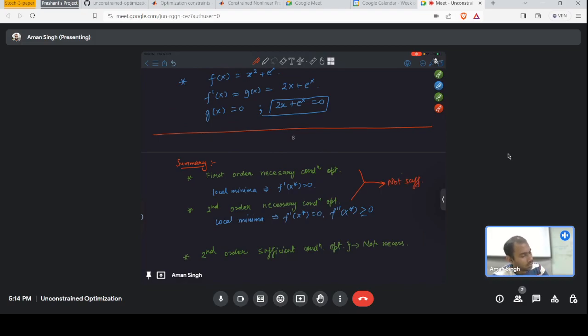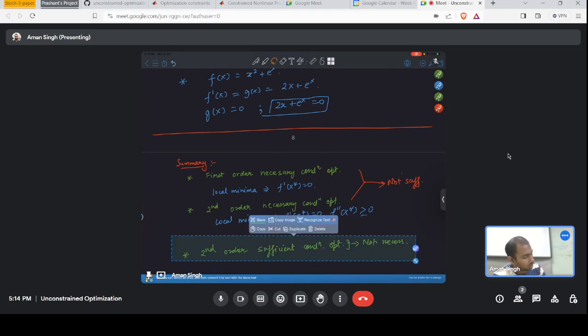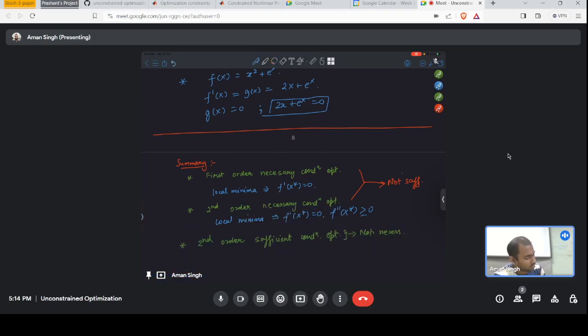So we went ahead and studied the second order sufficiency condition, which means if f'(x*) equals 0 and f''(x*) is greater than 0, then x* is a local minima. But we realize this is not necessary. Not all local minimas have f''(x*) greater than 0.